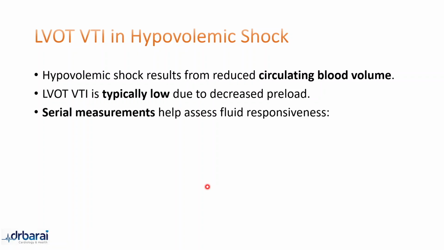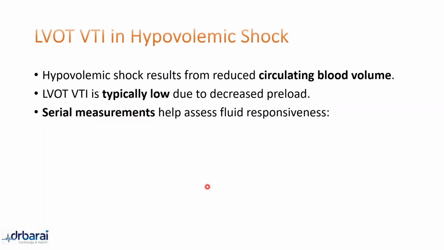So why is the LVOT VTI important and how are we going to use it? We are going to use it by serial measurement of the LVOT VTI. As we have mentioned, give some fluid, give some inotropes, see what happens with the LVOT VTI. If it improves, that's great.